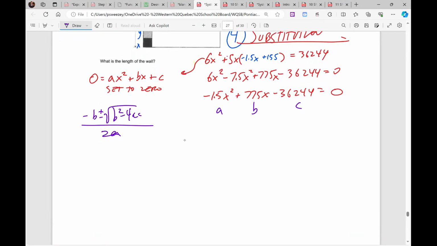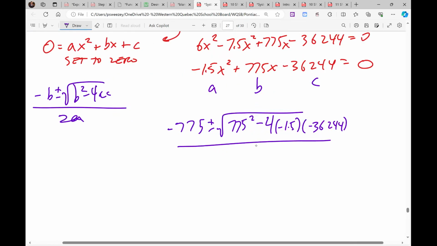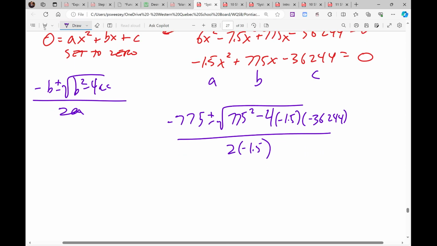So just to continue this out, we use our quadratic equation. We are going to choose negative 775 plus or minus the square root of 775 squared minus 4 times negative 1.5 times negative 36,244, all divided by 2 times negative 1.5. My focus on doing these will always be to do this, including the square root if I can, all in one shot with my brackets.